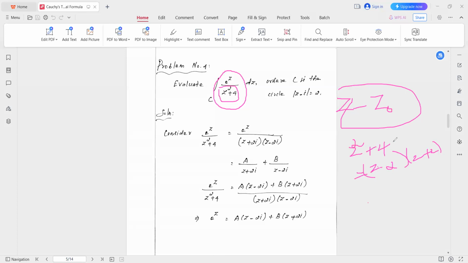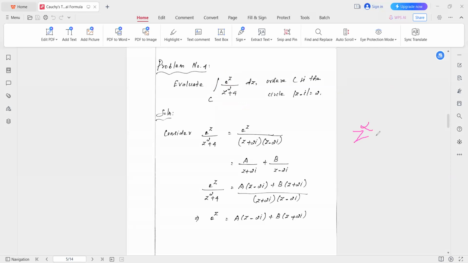So we consider z square plus 4 equal to 0. Therefore z square is equal to minus 4, so that z is equal to plus or minus square root of minus 4.